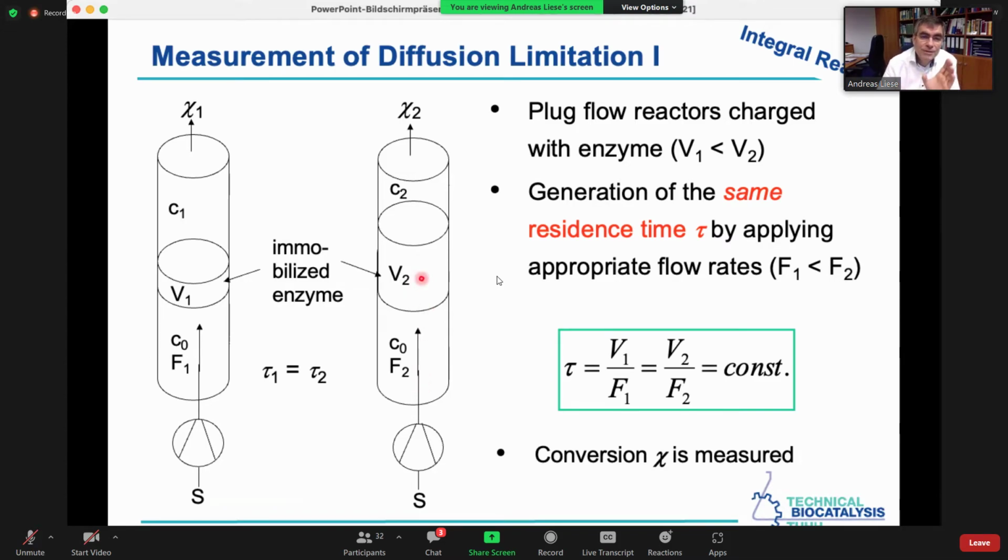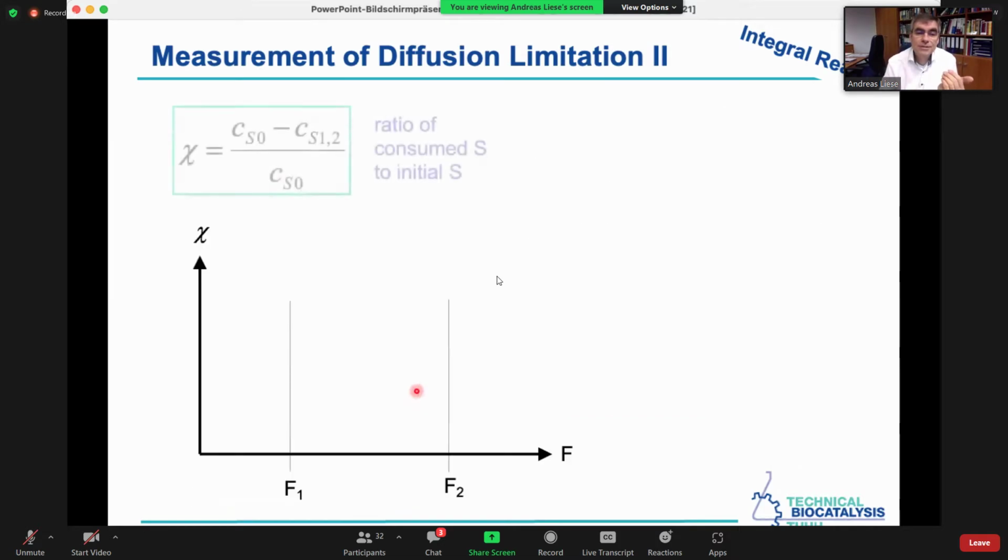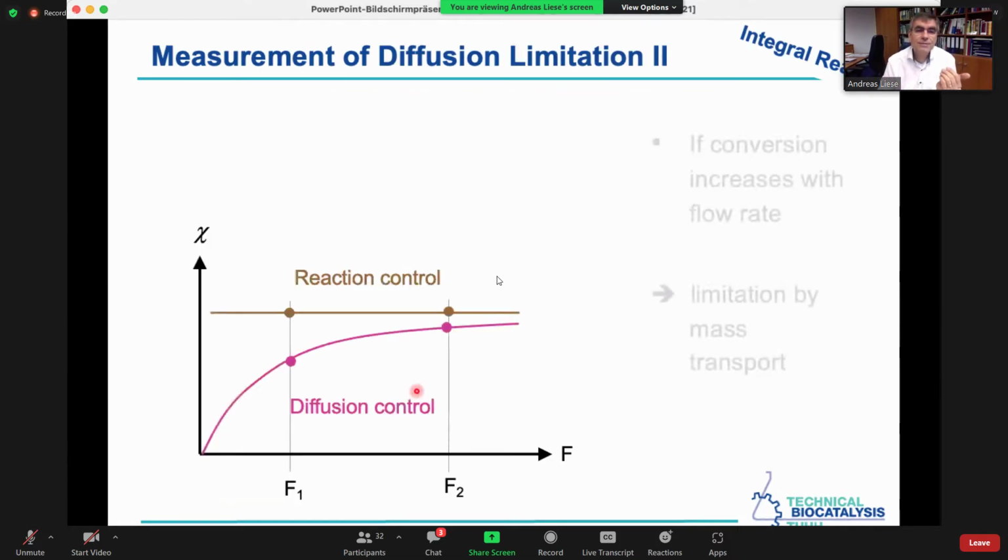So if we are limited by diffusion because of the film layer, the film layer in the right column will be smaller than in the left column where we have lower flux. Less exchange of the solvent molecules in the film on the surface of the particles. Therefore, on the right side we have higher flux, lower diffusion limitation, and in consequence that is the result that we see here.